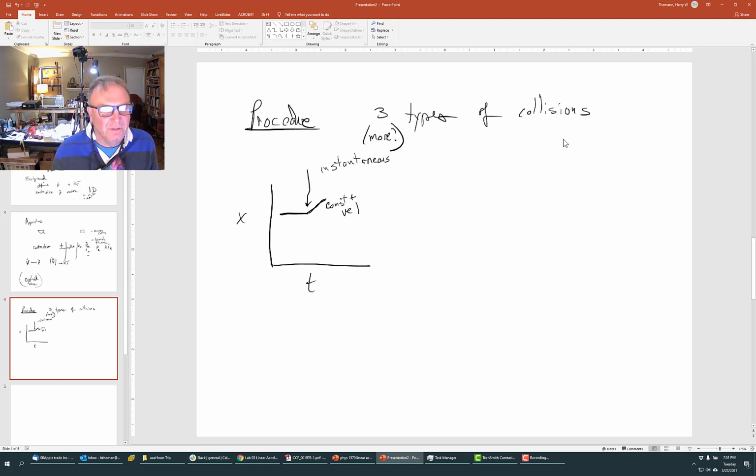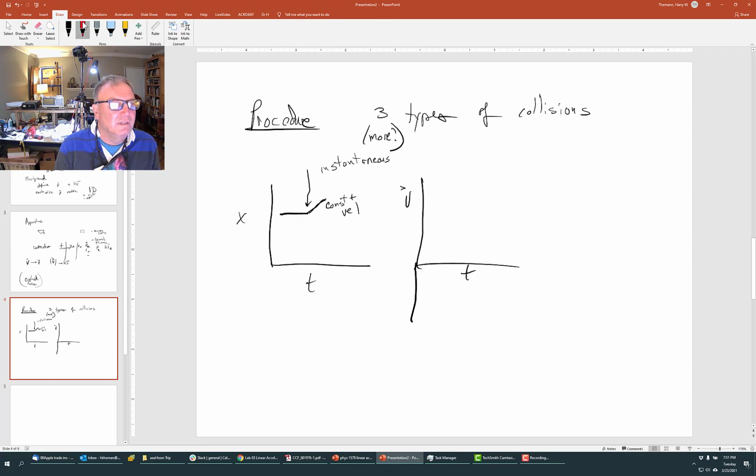Then you say, well, look, since I know the xt data, I can produce a velocity graph. And of course, this can show negative as well, possibly. And so we see here that when it's flat, that means it's 0, and then it was positive for a while, and maybe it might go negative.